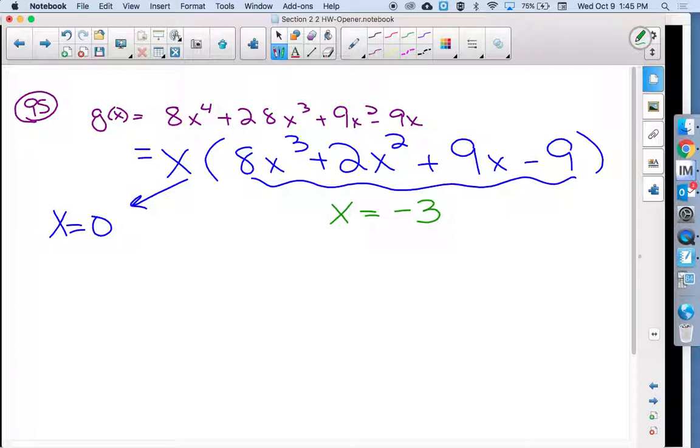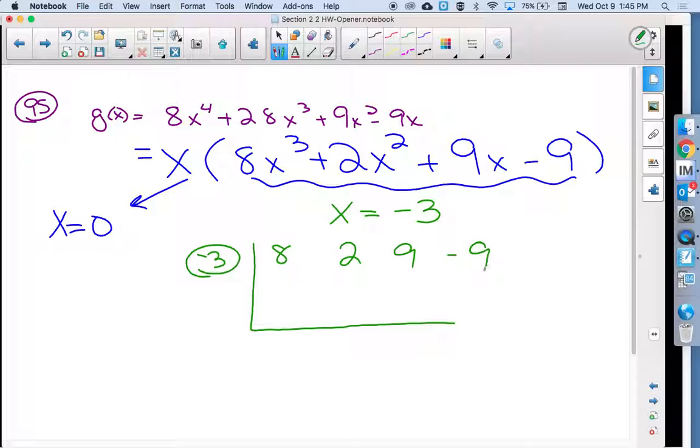And then you're going to use synthetic division, just like we did with the last problem. But I'm going to use 8, 2, 9, and negative 9. So I'm still using that 8 because that 8 is still part of my coefficients. Thanks, I missed my 8 there.